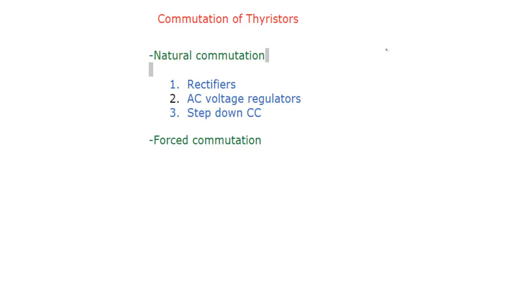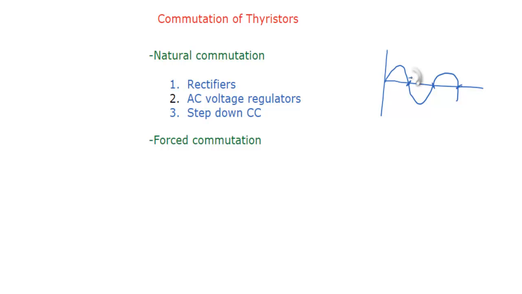That means if you take a sine wave as an input, as in rectifiers we use the sine wave, in case of an AC sine wave, current will cross the zero at 180, 360 and so on. That means for every 180 degrees current will cross the zero.